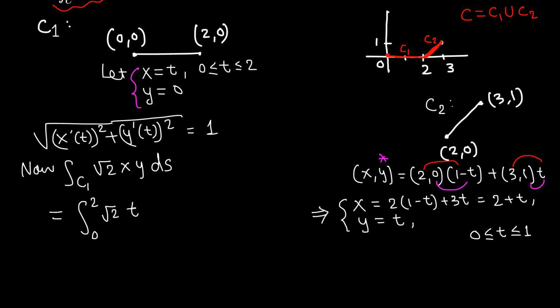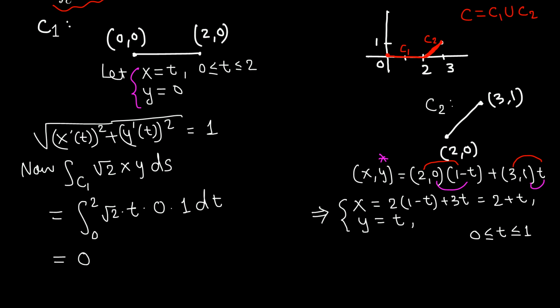Y is 0, and this means everything is 0, we don't have to do anything, times this 1 dt. So this is just 0 because the integrand is 0.